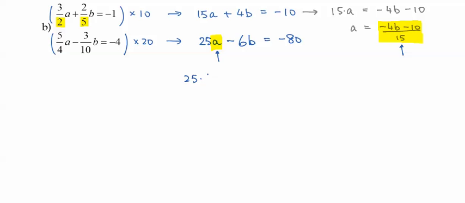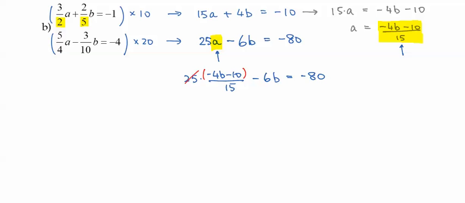25 times a minus 60 equals negative 80. And I go from there. Or I distribute the 25.